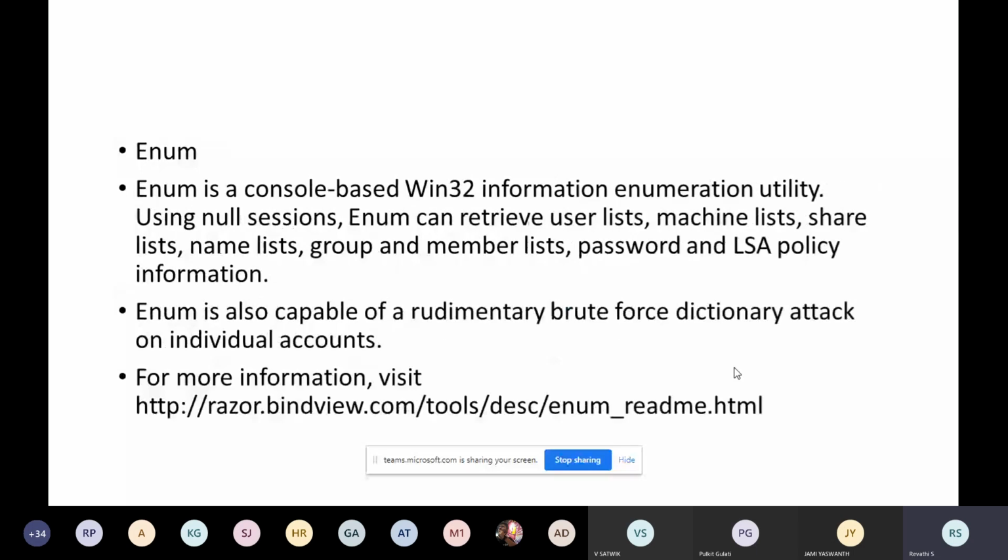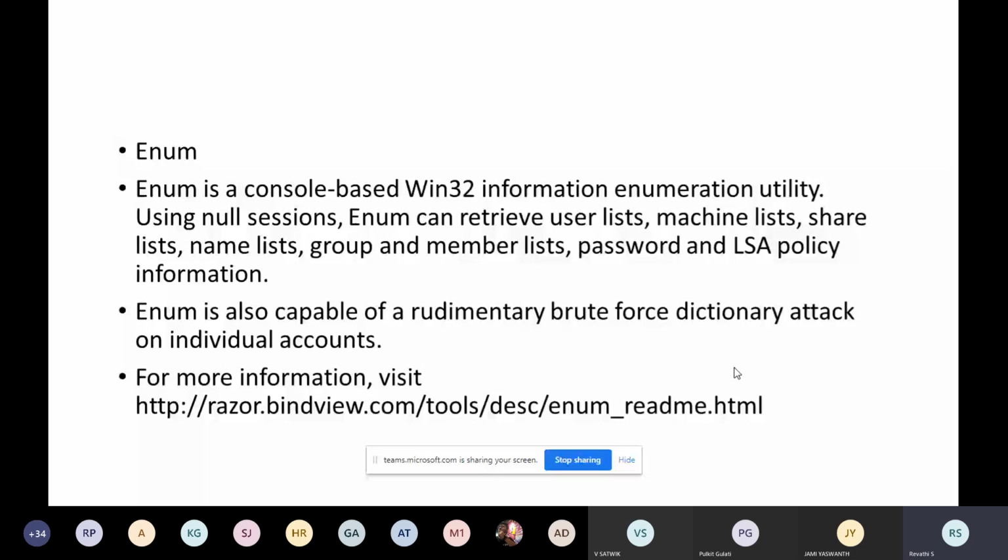Enum is again a scanner. Here it is not going to tell you anything about the network. Instead, it will tell you only about the host. As the name implies, it enumerates. Enumerate what? It will list out who all the users of the system are, their usernames and passwords, and who has done any brute force attack.